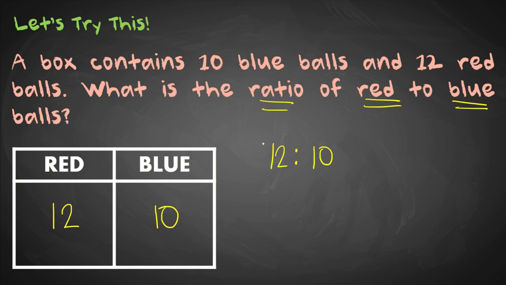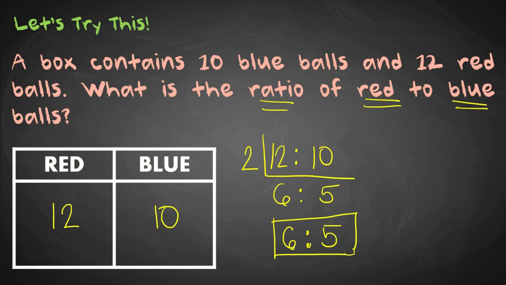And pwede pa nating i-reduce yung 12 is to 10 sa lowest term or sa simplest form by dividing both numbers sa kanilang GCF. So the GCF of 12 and 10 is 2. 12 divided by 2 is 6. 10 divided by 2 is 5. So the final answer now is 6 is to 5. Meaning sa bawat 6 red balls, merong 5 blue balls.